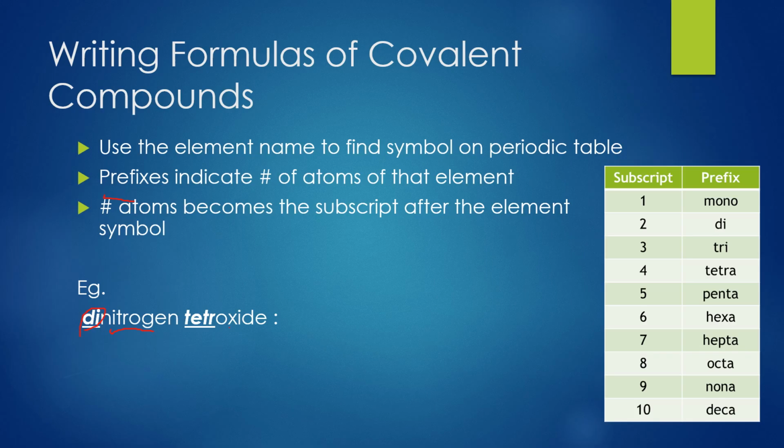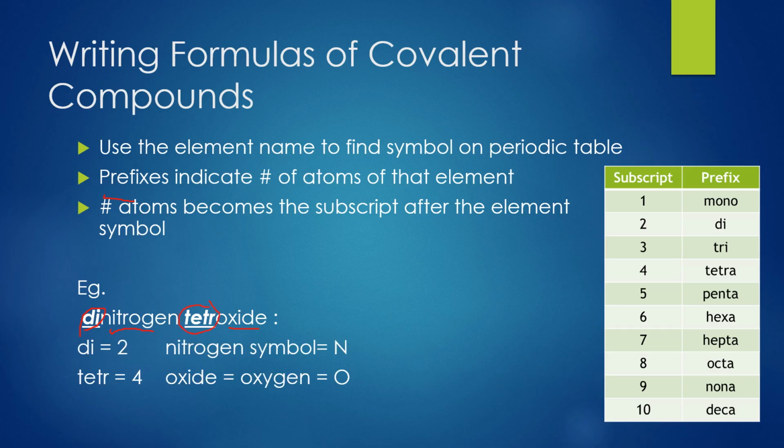For oxide, that's really just oxygen with an IDE ending. So the symbol is a capital O. And then the tetra tells us there are 4 oxygens. Now we can put it together and we get N2O4, the corresponding chemical formula for dinitrogen tetroxide.